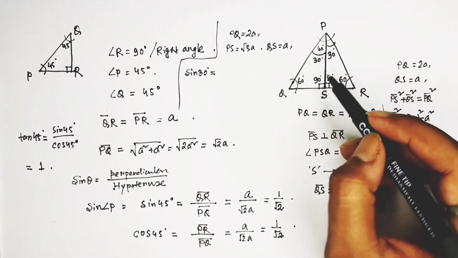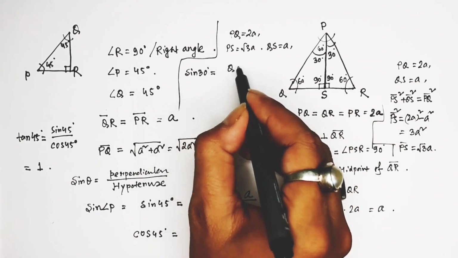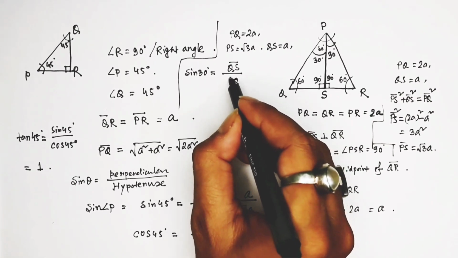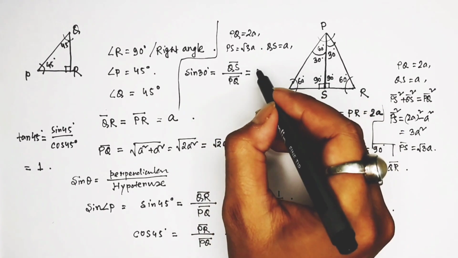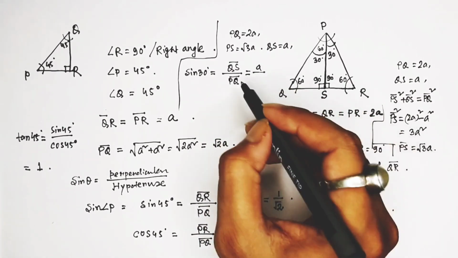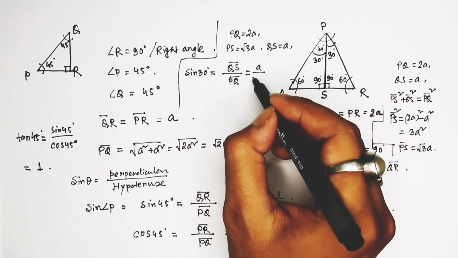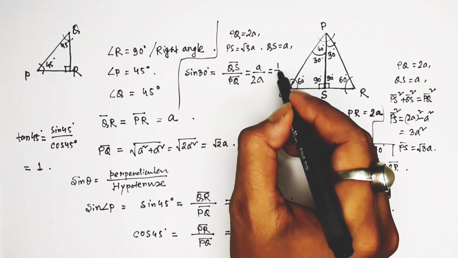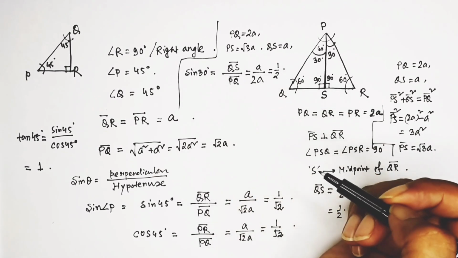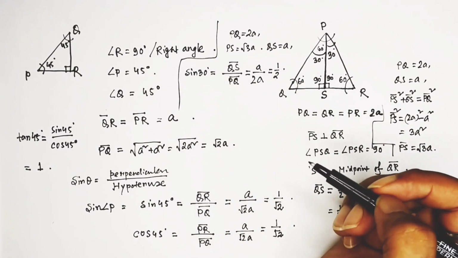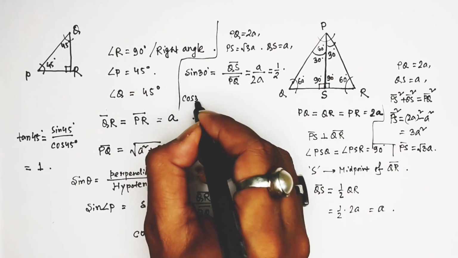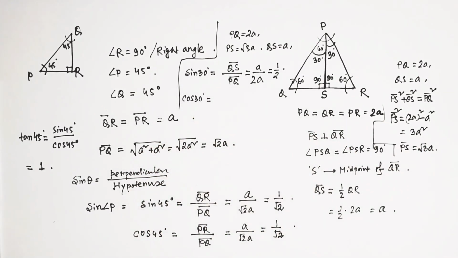So sine 30 is equal to QS divided by PQ. That is A divided by 2A, so sine 30 is equal to half. Similarly, we can get the value of cos 30 also. Cos 30 equals base by hypotenuse.